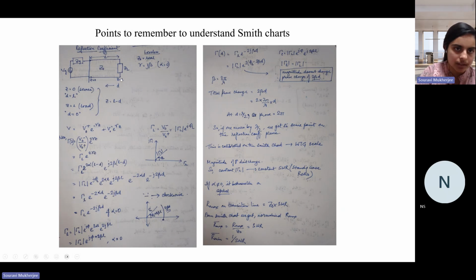If you start from the load towards the source, that tells you where you are. And what this is telling you is that, depending on your position in this line, so depending on the value of D, your reflection coefficient at that instance changes. It gets some added phase, right?